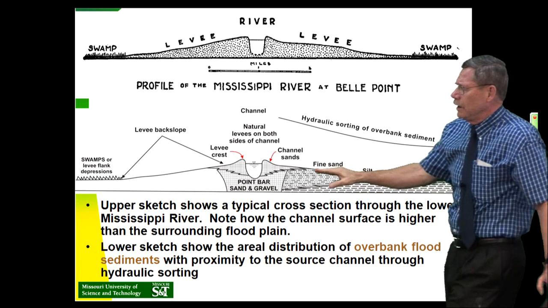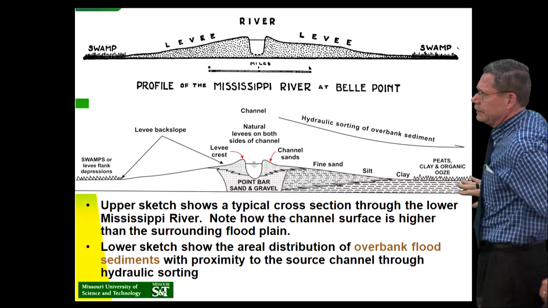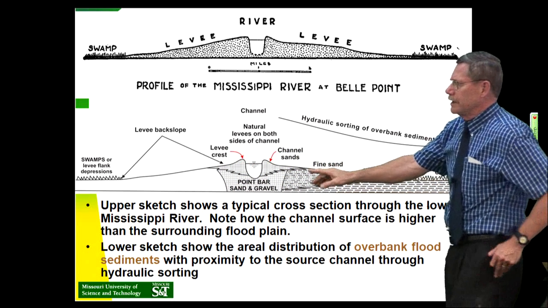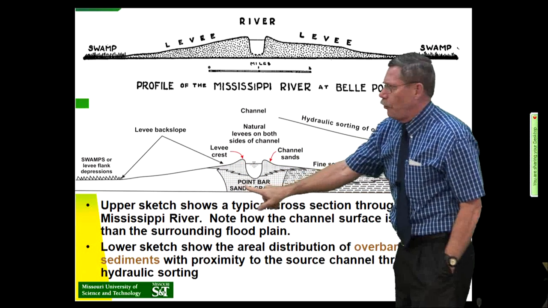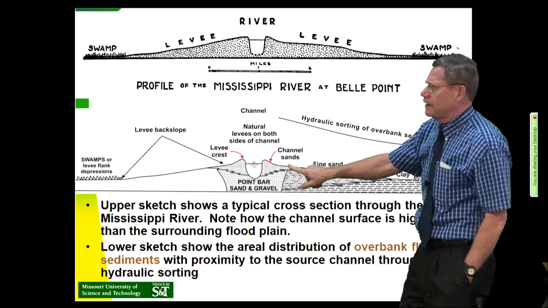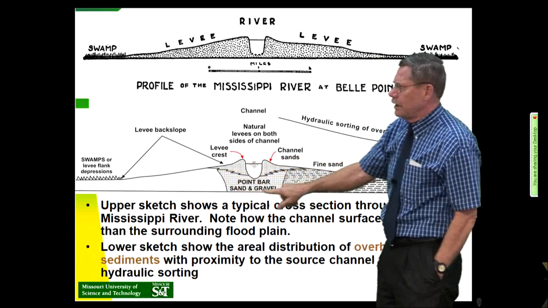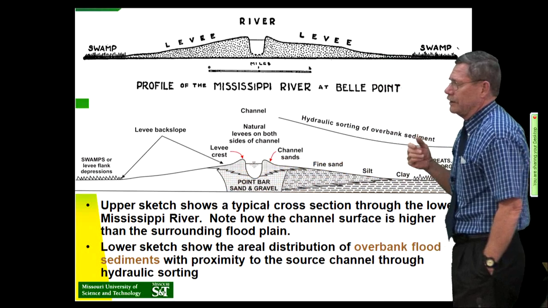And so if we look at the types of sediments we would expect to see now in this environment, here's what we're going to see. We're going to see point bar sands and gravels historically back here where the active channel has been in the late Pleistocene, early Holocene.